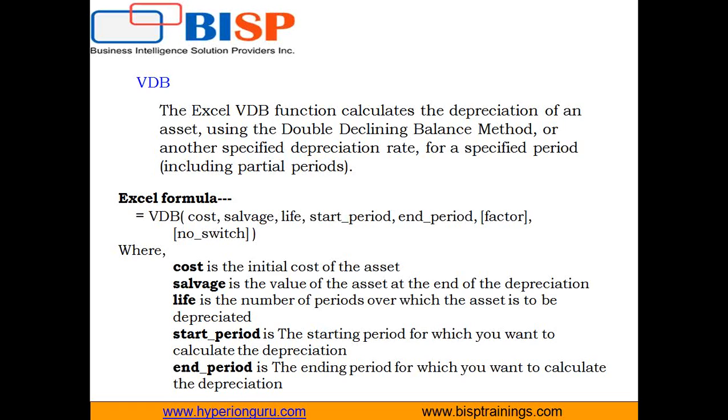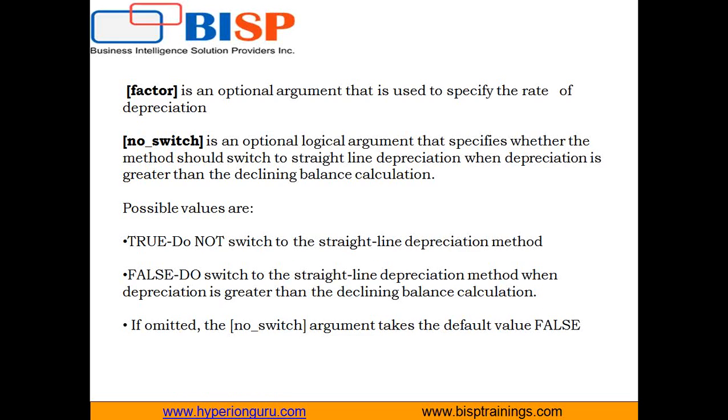The start period is the period for which you want to calculate the depreciation, and it must use the same unit as life. The end period also must use the same unit as life. And then the final two arguments are factor and no switch, and both are optional.